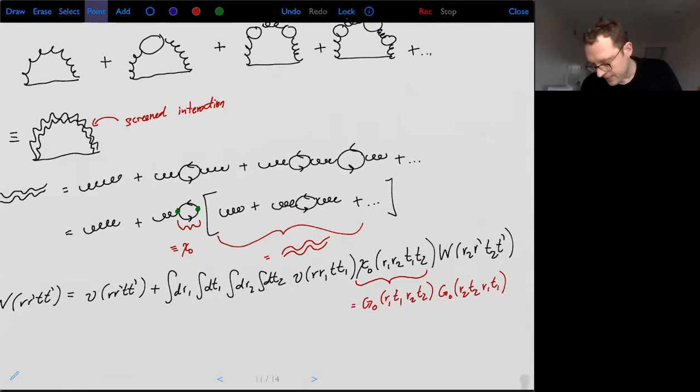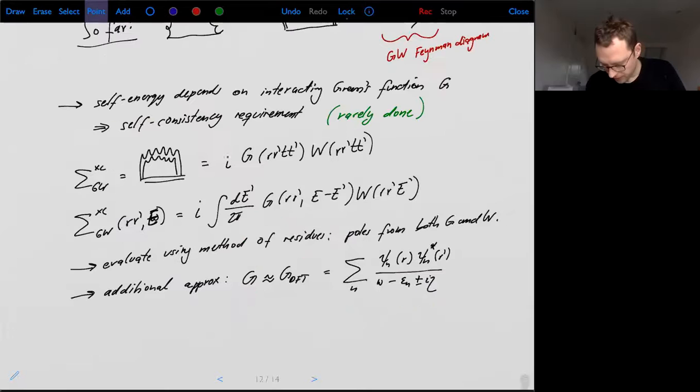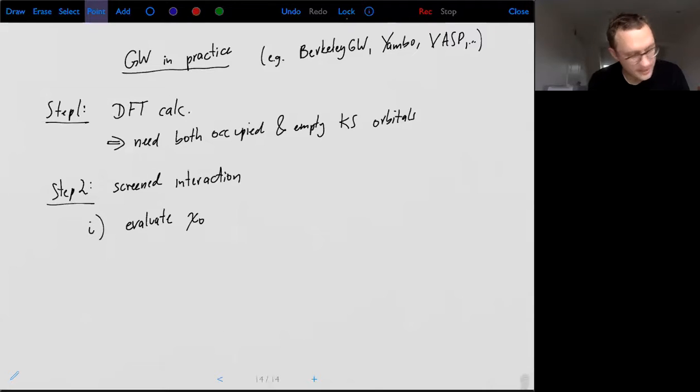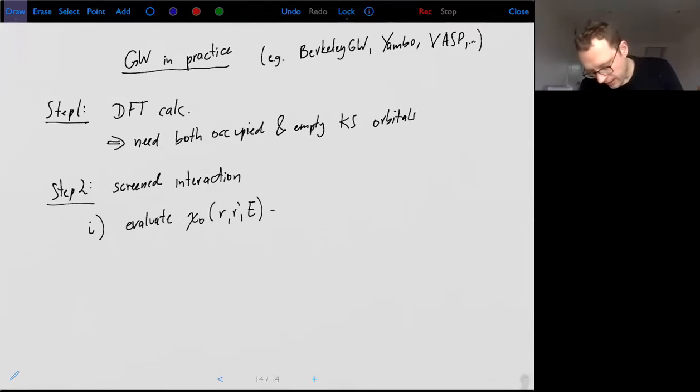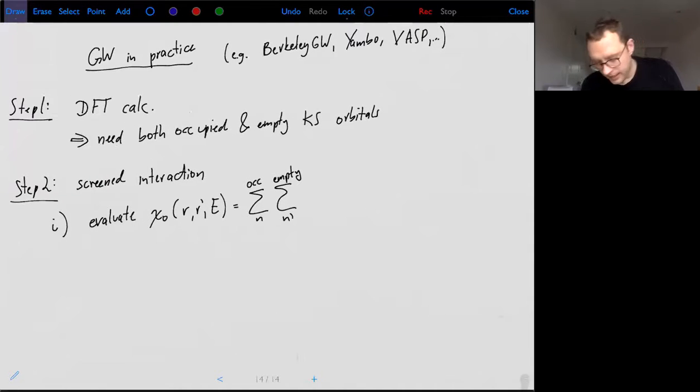Now I can express each of these Green's functions in terms of their form, and this allows me then to do the frequency integration if I want to express chi as a function of energy, and I get the following. So I get a sum over n and n prime, where n ranges over the occupied orbitals and n prime ranges over the empty orbitals, and I need to evaluate something that looks like this.